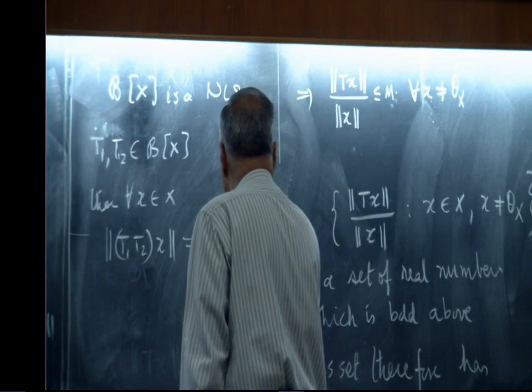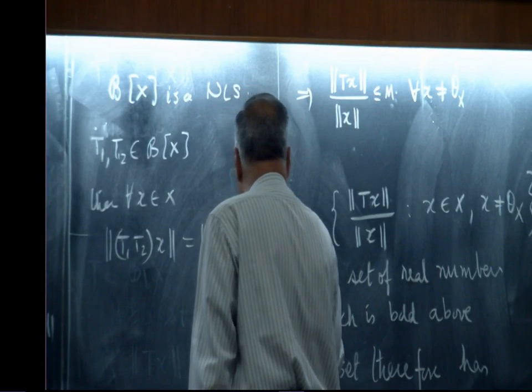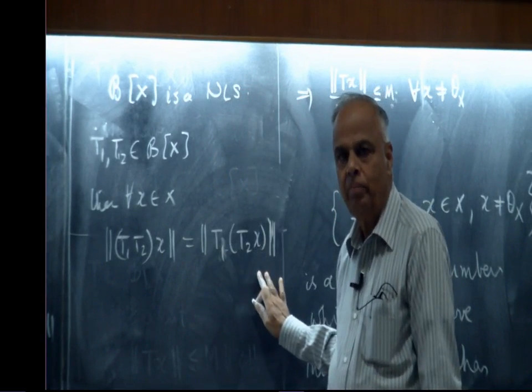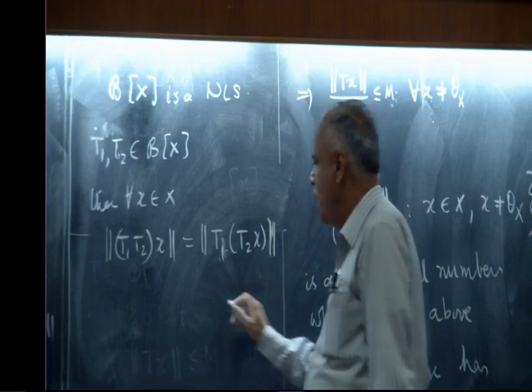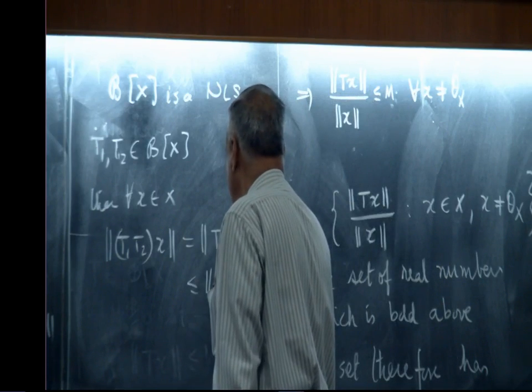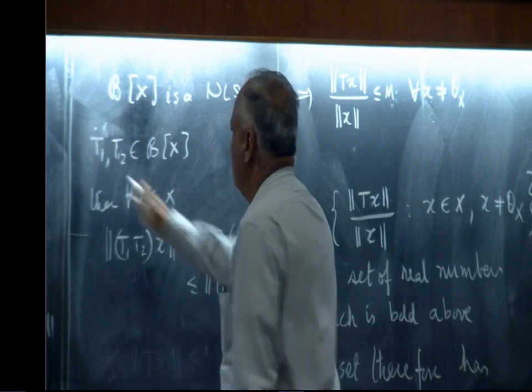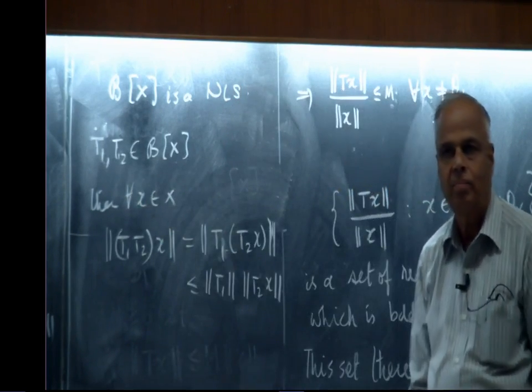T1T2x is defined as T1 of T2 of x. This is T1 of some y. T1 of some y is always less than or equal to the norm of T1 into the norm of y, because T1 is a bounded operator, right?